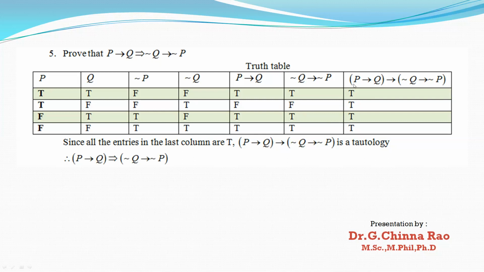Then after writing the compound proposition, it contains all true values. So it is a tautology. Then we conclude that P conditional Q tautologically implies negation Q conditional negation P.